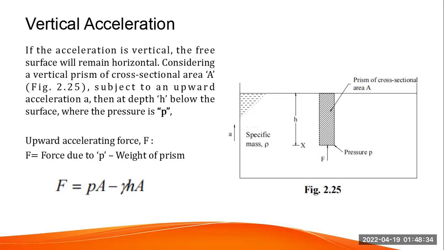Considering a vertical prism, itong ating nasa figure 2.25, vertical prism of cross-sectional area A subjected to an upward acceleration A. Then yung depth natin, yung H, below the surface where yung ating pressure is represented as P. Thus, yung ating upward acceleration force F, it will equal to the force due to the pressure minus nung ating weight ng ating prism.